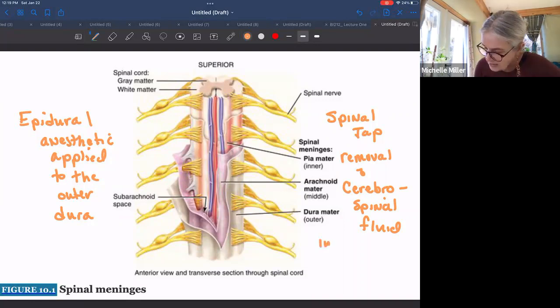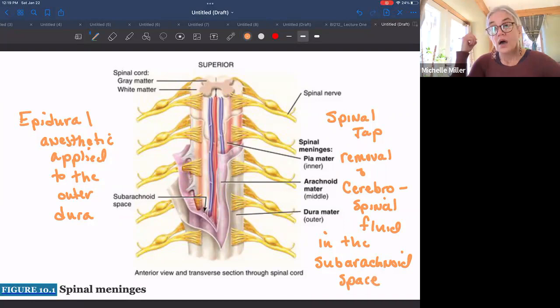So it's in the subarachnoid space. We might want to test to see whether or not there is an infection in your cerebrospinal fluid. If you have meningitis, you have inflammation. It could be viral, it could be bacterial, it could be very, very serious if you get an infection in your spinal cord, which could then travel to your brain. So the spinal tap tests that.